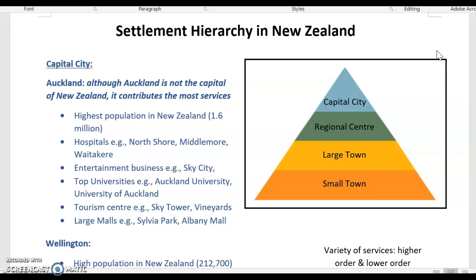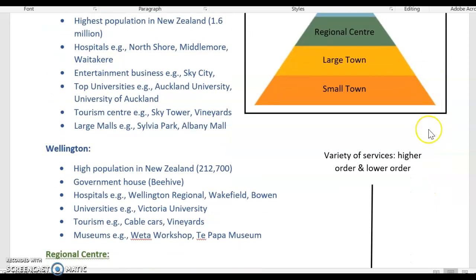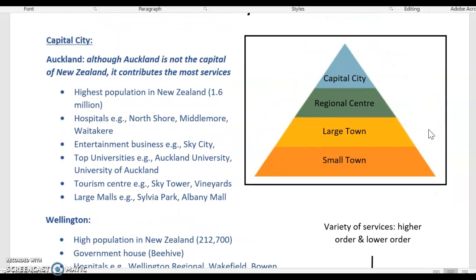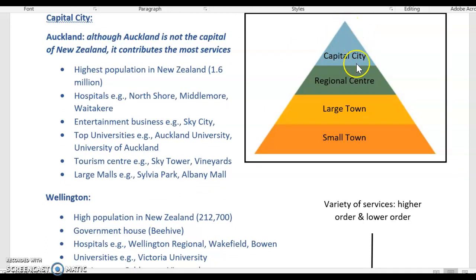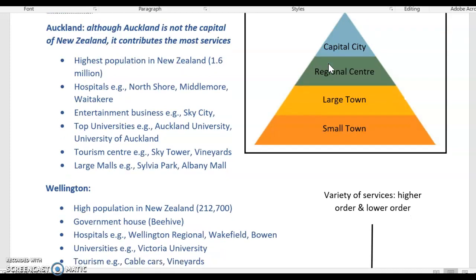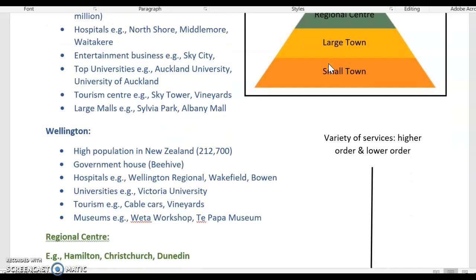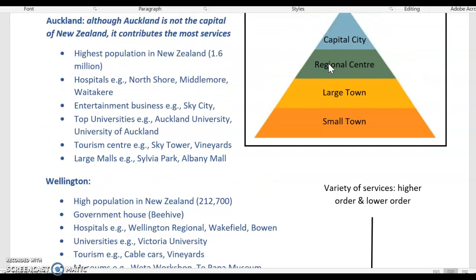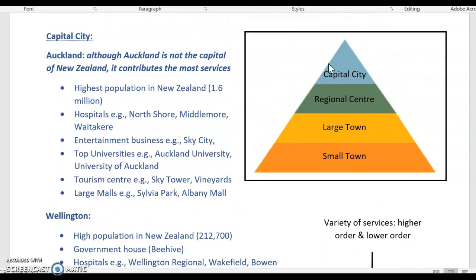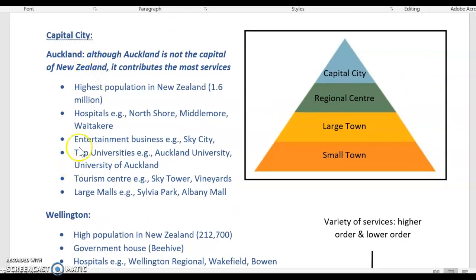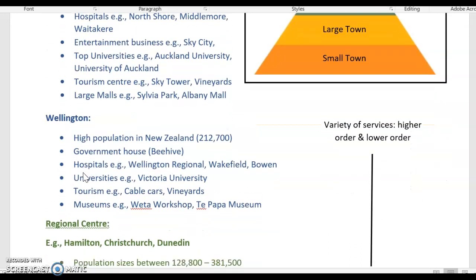With that, I would also, and Ms. Tomlinson agrees as well, put Wellington in our capital city area as well. Even though the population is completely different, you'd put Wellington there because of its political centre, because of its arts district, because of the different functions that it provides. So Wellington would be in the blue text here like Auckland in our capital city area.